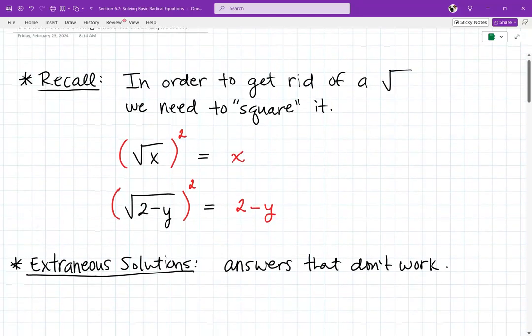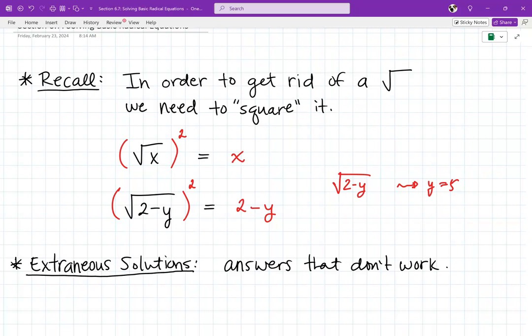There's one other thing they say right here, extraneous solutions. These are answers that basically make the problem fail. So what do I mean by that? If we look at the square root of 2 minus y, if I were to tell you that I ended up solving some kind of equation and found that y equals 5 is my solution, if I plug it back in, 2 minus 5, that's negative 3.